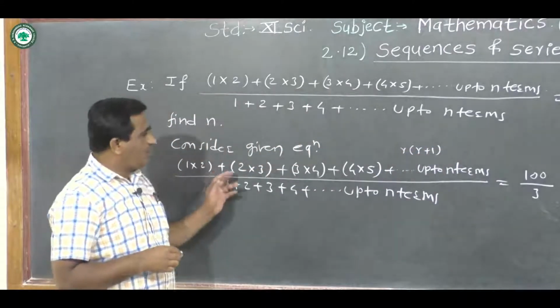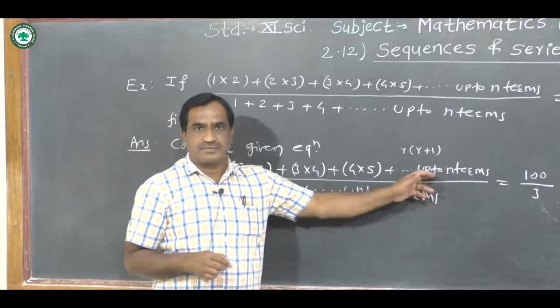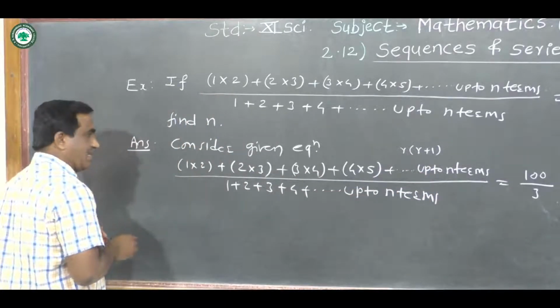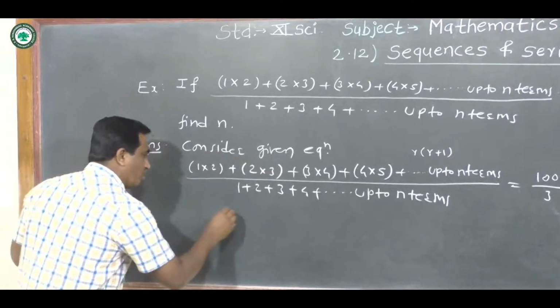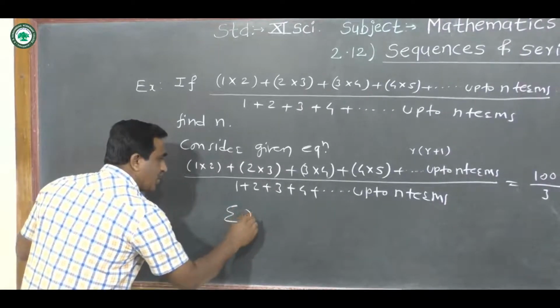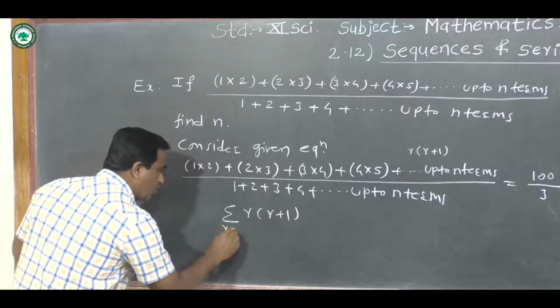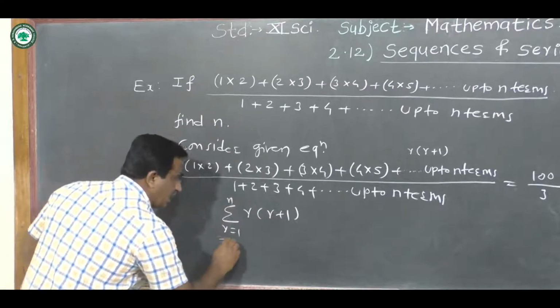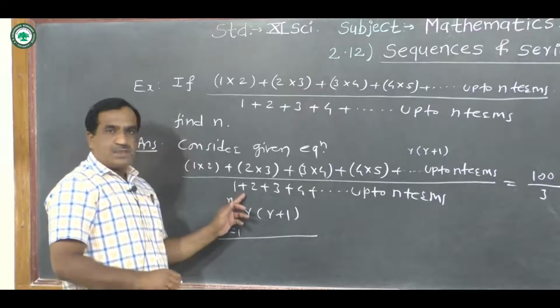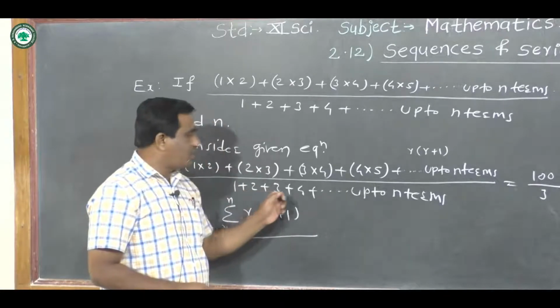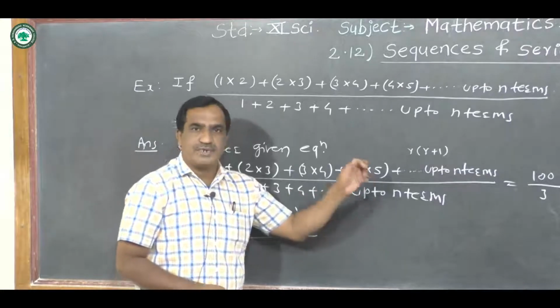Therefore this is the sum of the first n terms of the products of these numbers. We can write this in summation form: summation r into r plus 1, r goes from 1 to n, upon, in the denominator, the sum of the first n natural numbers, 1 plus 2 plus 3 plus 4 plus up to n terms.